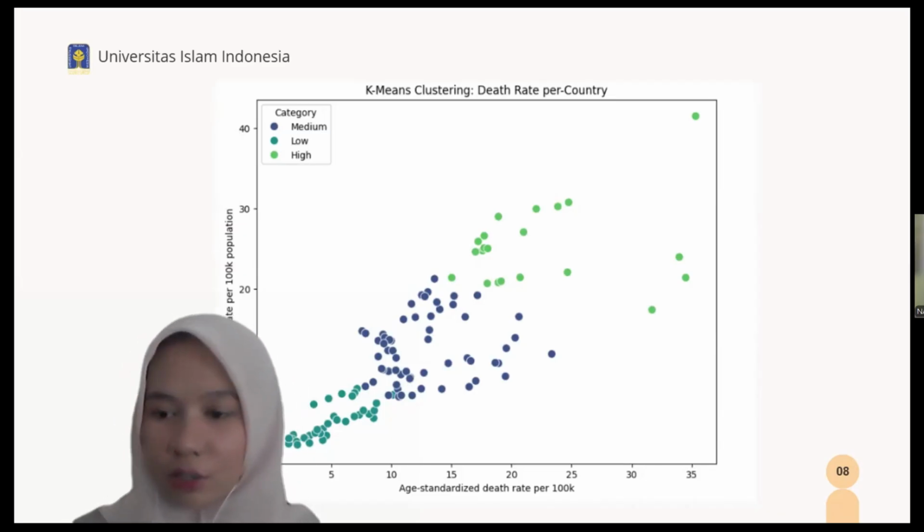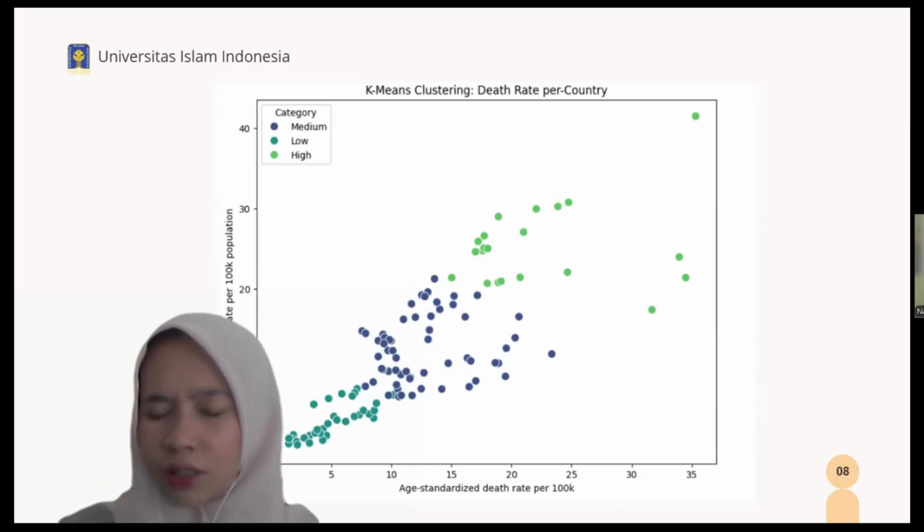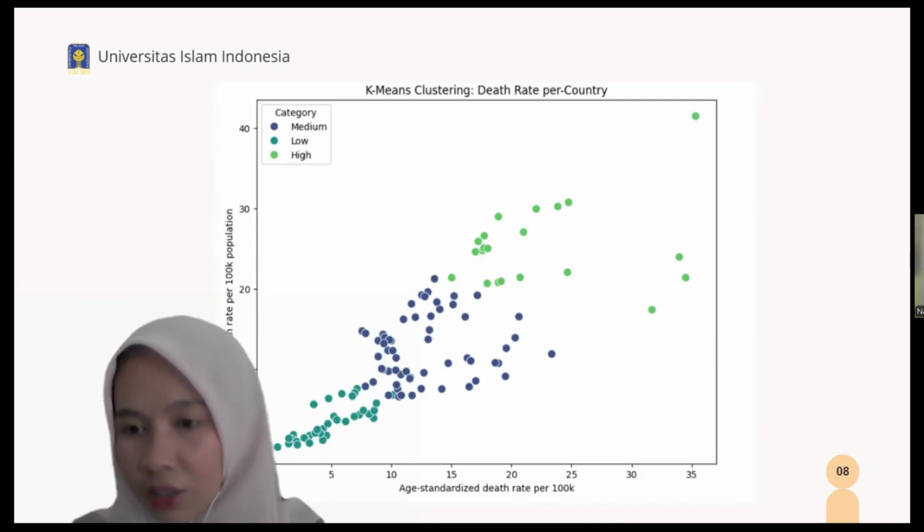The y-axis represents the crude death rate, and the color coding indicates 3 different clusters: green for high death rate, blue for medium death rate, and teal for low death rate. There is a clear upward trend between the two variables: as the age-standardized death rate increases, the crude death rate tends to increase as well. The clusters are visually well separated, reflecting that K-means effectively classifies countries based on their mortality levels.